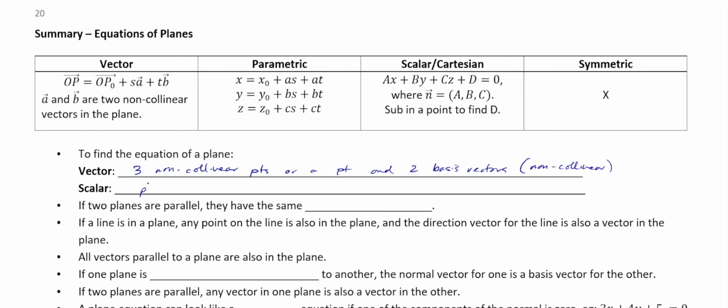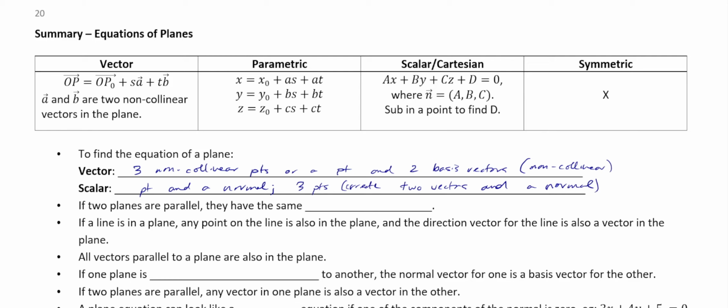For scalar, you need a point and a normal. Or you could just have 3 points, and then you can create 2 vectors and a normal using the cross product. So that's something that we said, or we drew.